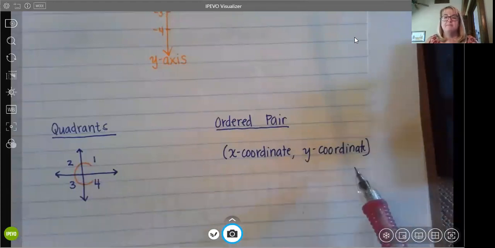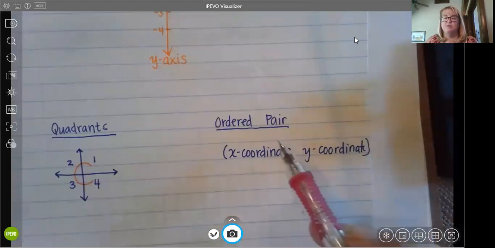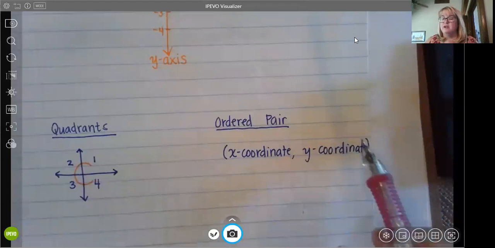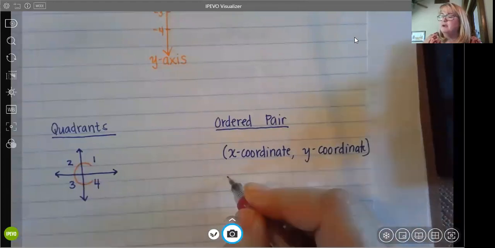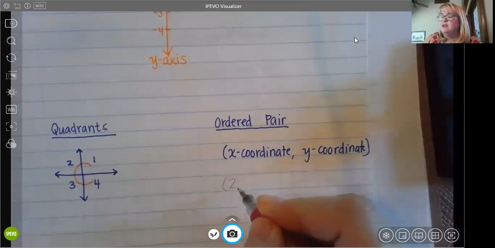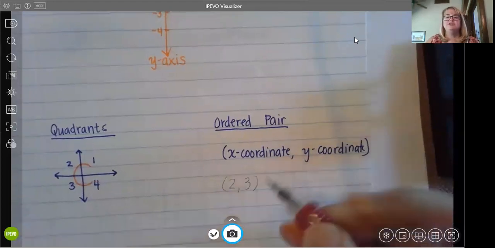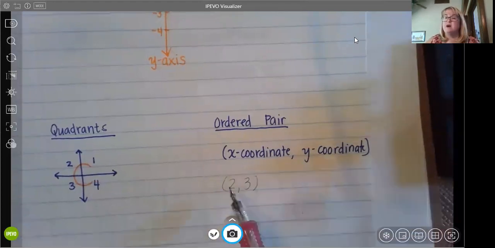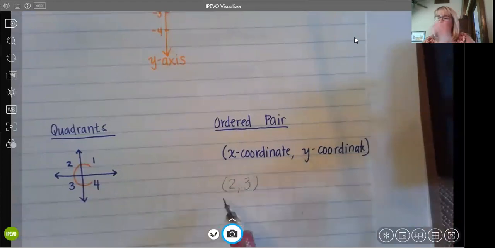The first number is the number on the x coordinate, and the second number is the number on the y coordinate. So if I have an ordered pair like (2, 3), 2 is your x coordinate, 3 is your y coordinate. This is an address on the coordinate plane.